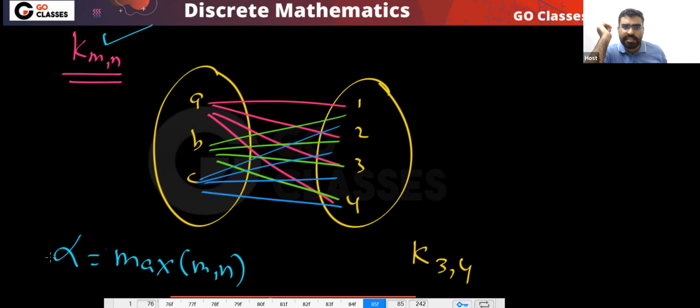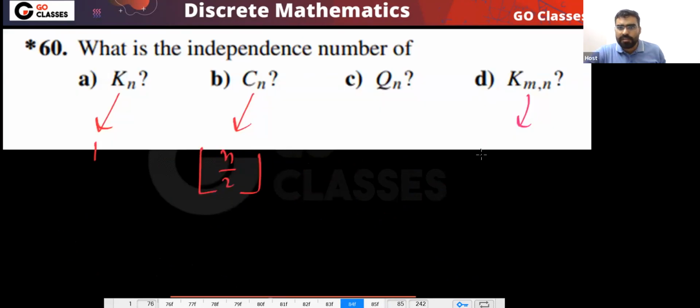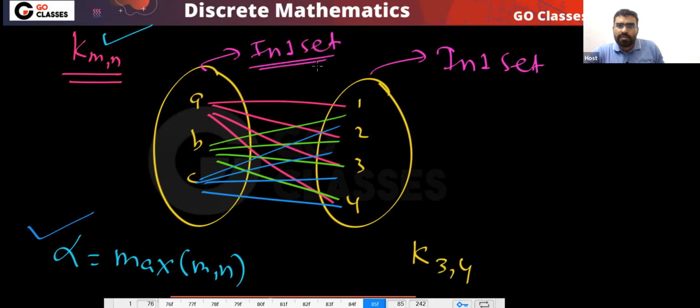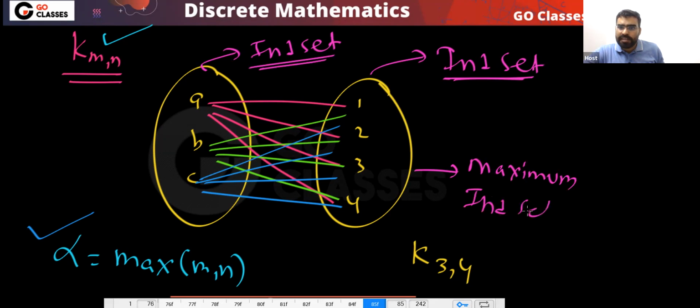Now you can clearly see that the independence number will be the maximum of m comma n, because this part is an independent set, and this part is also an independent set. The largest one is the maximum independent set.